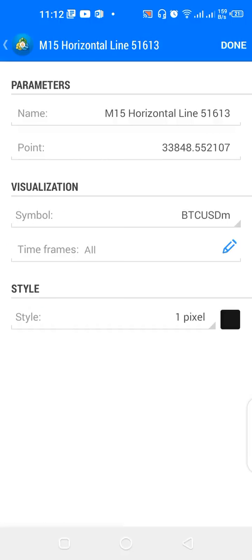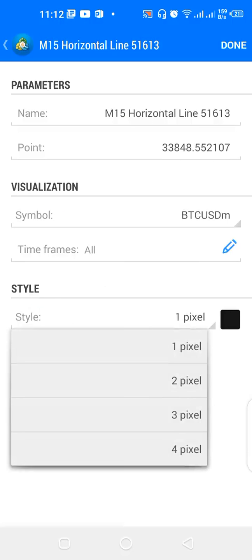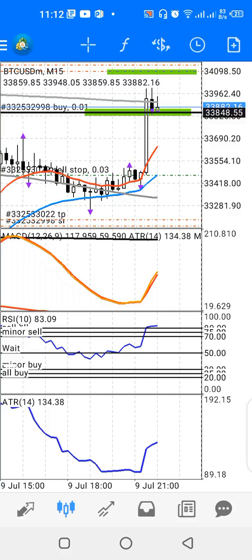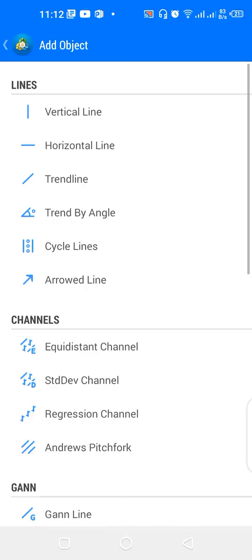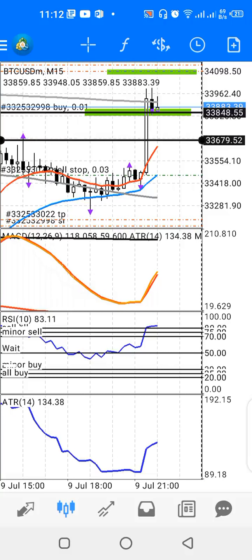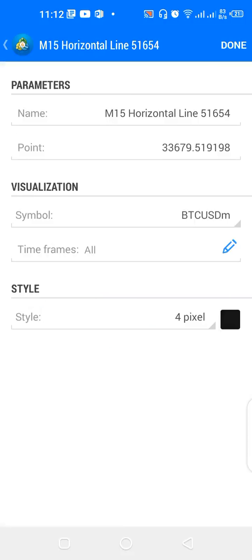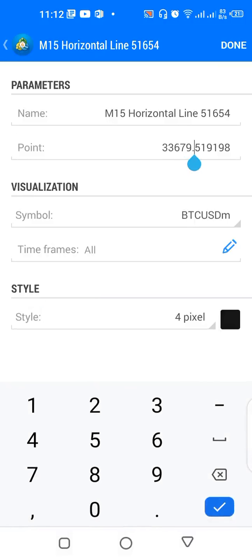Let me increase the width or the pixel. Let's assume where the black line is your trade entry. Your take profit will be 250 points for the first trade, added to that, which will be around 34,098.